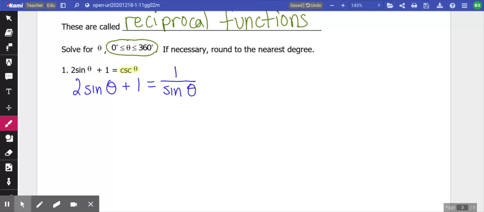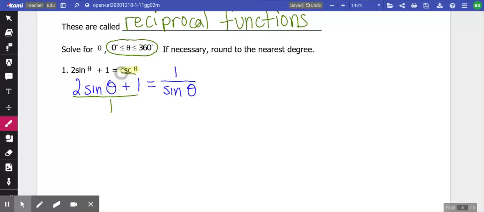Now I need to solve for theta here. One approach is you can cross multiply, or you can multiply both sides by sine, whatever you like to do.